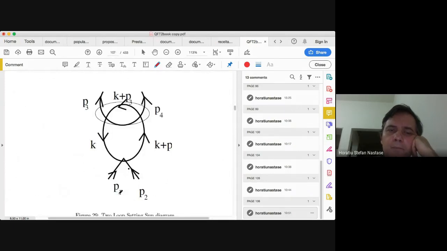All right, so the one without counter term vertex is written here with momentum identified, so at p1, p2, p3, p4.